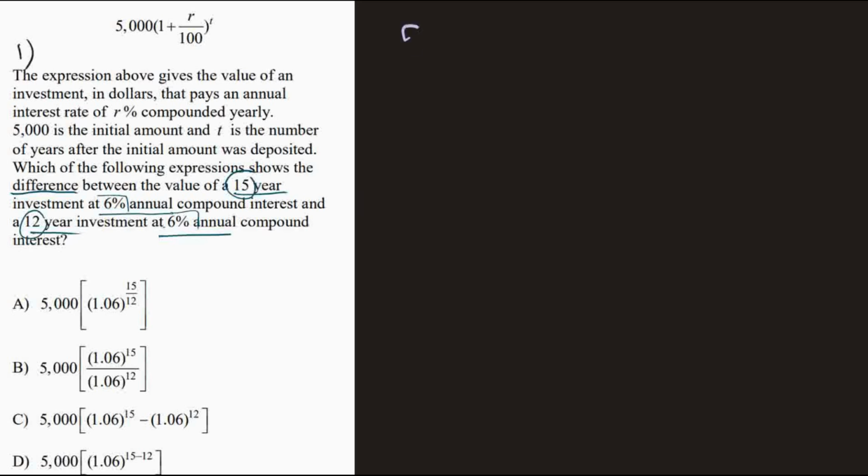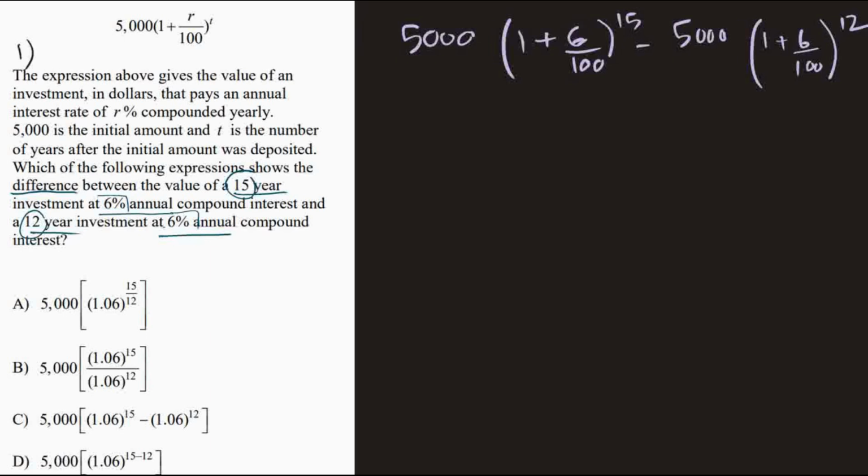So we have 5,000 times 1 plus R, which is 6 over 100, to the power of 15, minus 5,000 times 1 plus 6 over 100 to the power of 12. So this is how we input 15 and 12 in the T, and R is the same.